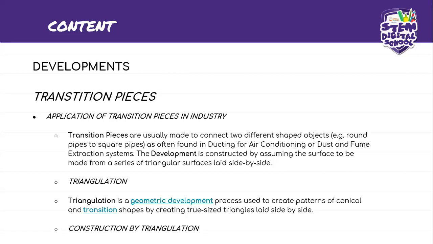Triangulation is a geometric development process used to create patterns of conical and transition shapes by creating true-sized triangles laid side by side. So we are going to look at the construction of a development of a transition piece using the method of triangulation.